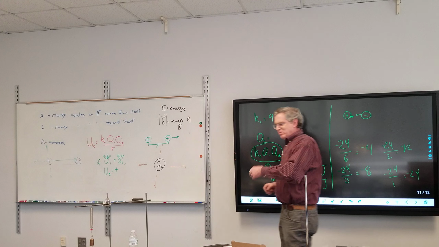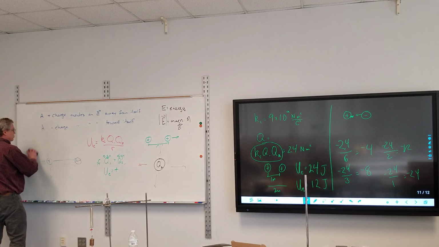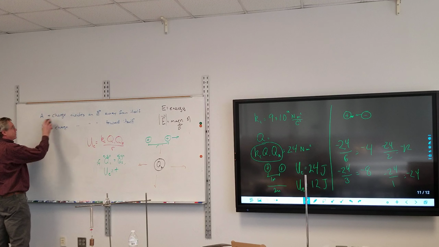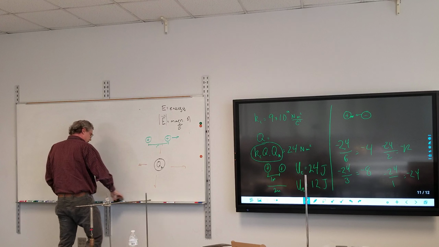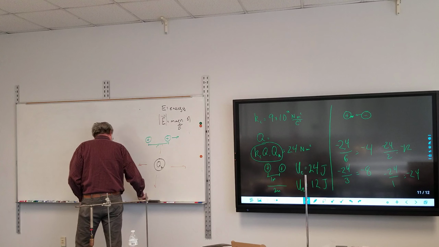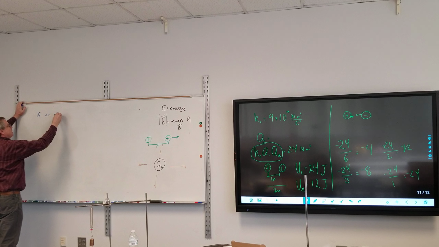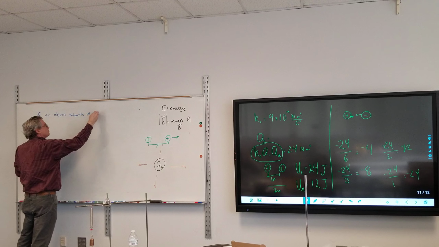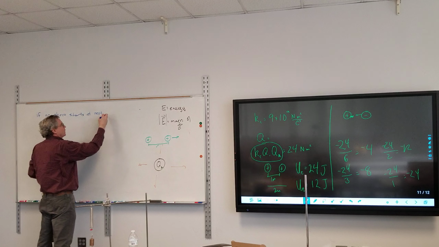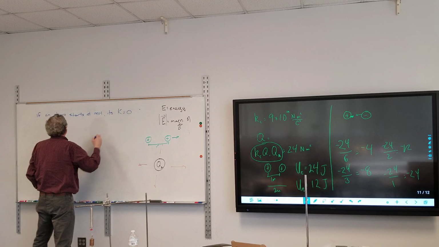Let's write that out a little bit more formally, or succinctly. All right, so that's the electric field explanation. If an object starts at rest, its kinetic energy is 0.